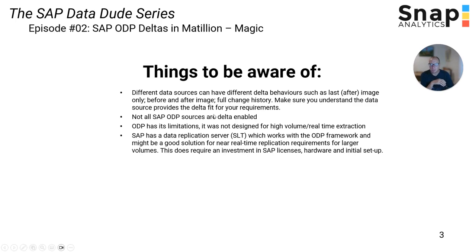Not all ODP sources are delta enabled. If not, for smaller data sets, that's usually not an issue. And although ODP is really great, it is not the answer to everything. If you have quite extraordinary requirements for high volume and real time, ODP might not be the answer.